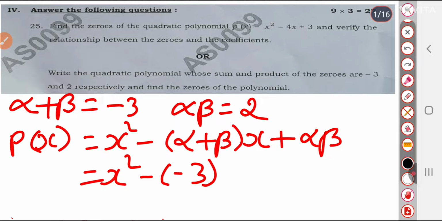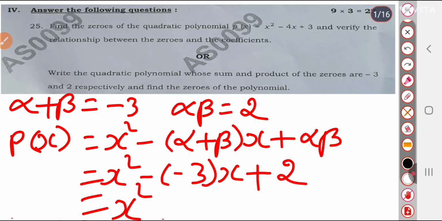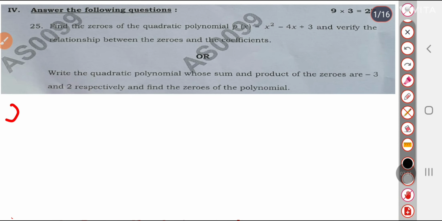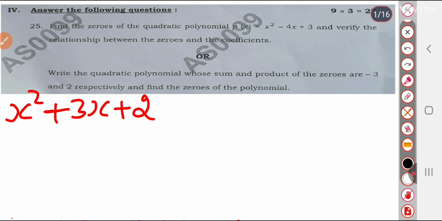Minus 3x plus alpha beta is 2 is equals to x square minus minus 3x, that is x square plus 3x plus 2. This is the polynomial. We got the polynomial as x square plus 3x plus 2. For this polynomial we have to find the zeros.